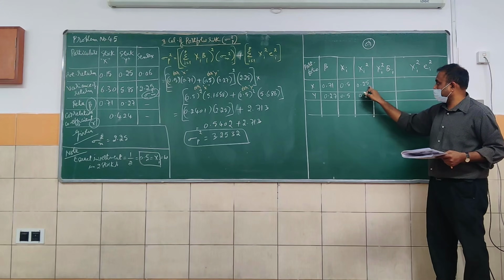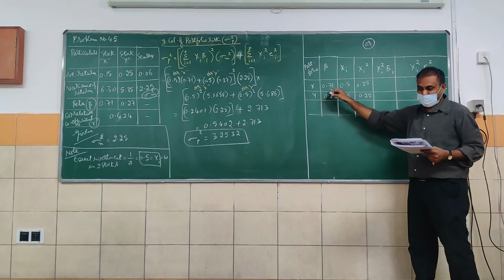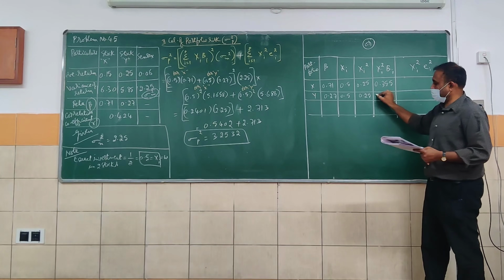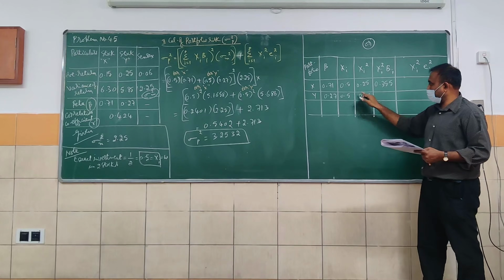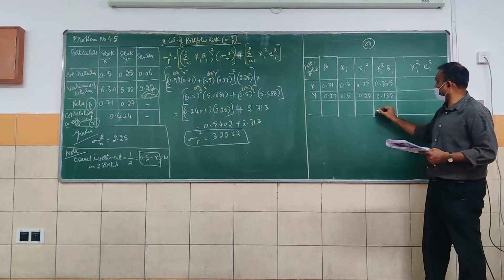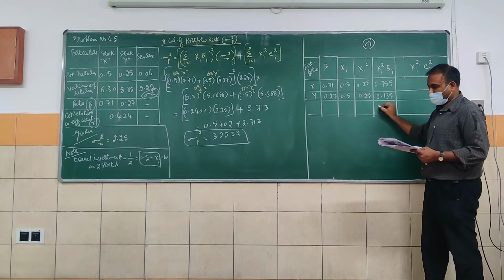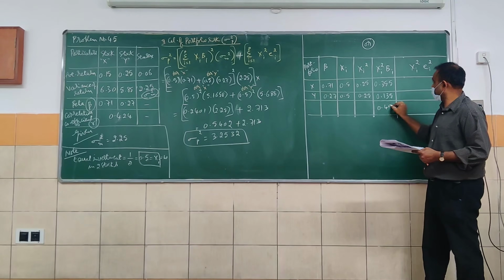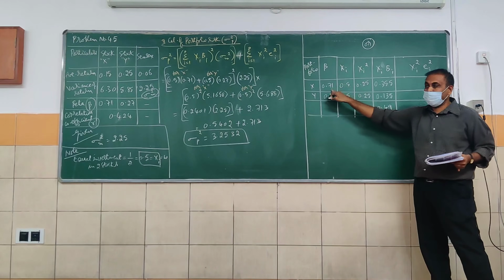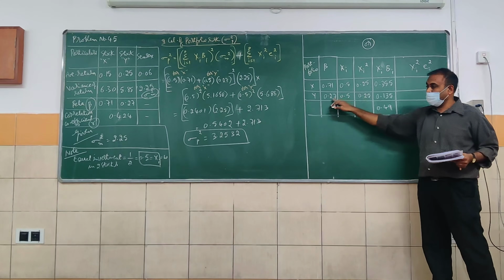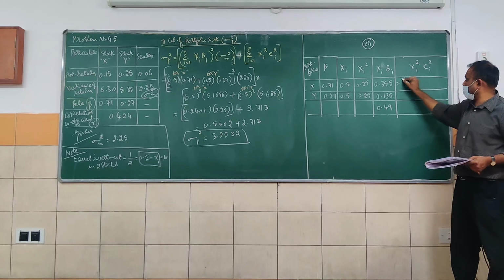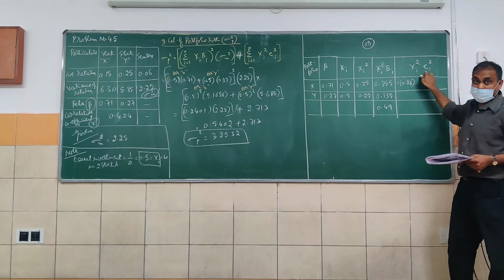Xi square is 0.25 into beta 0.71, that is 0.355. 0.25 into 0.27, that is 0.135. What is proper? Xi into Bi, we have to multiply 0.5 into 0.71, 0.25 into 0.27. We have to do. Here we have to be careful. This one. Xi square 0.25 into Ei square.